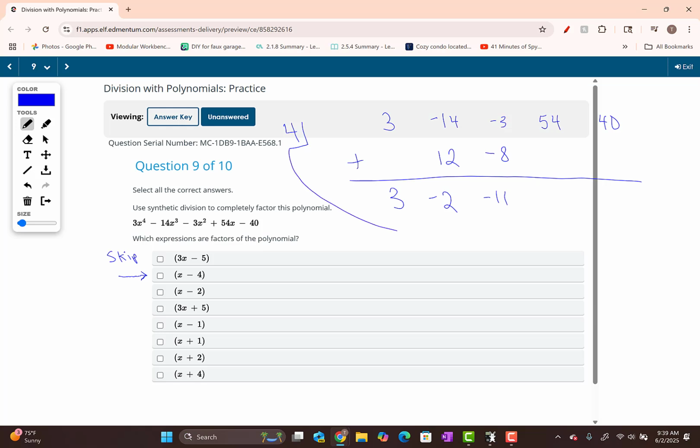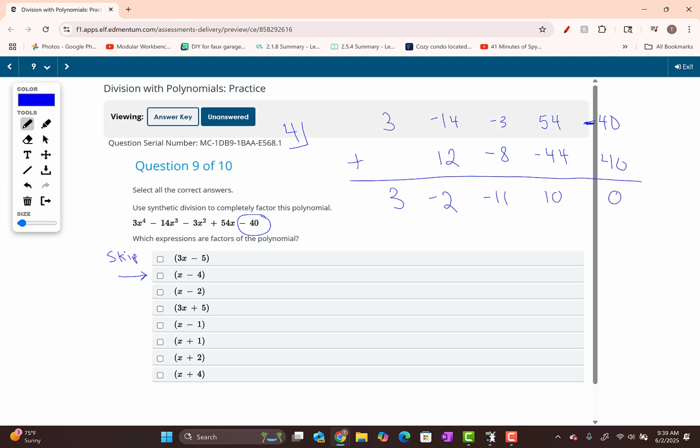And then we're going to multiply 4 times -11, and that's going to give us -44. 54 minus 44 is 10. Then we're going to multiply 4 times 10, and that's going to give us 40. And oops, this should have been a -40 right here. That was a negative, so it should have been a negative there. And then -40 plus 40 is 0.